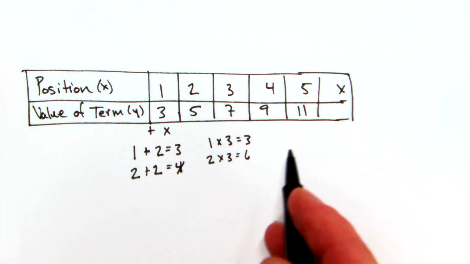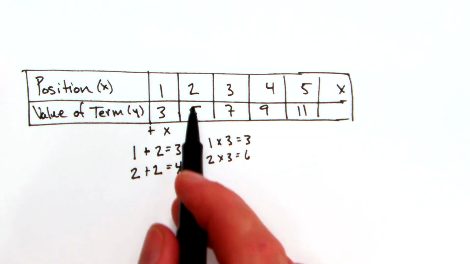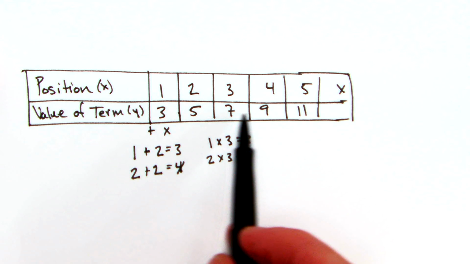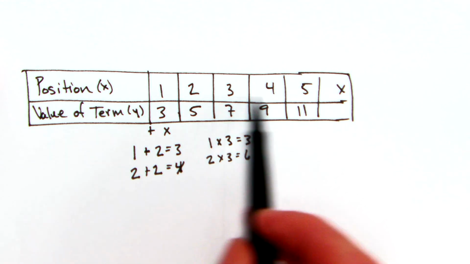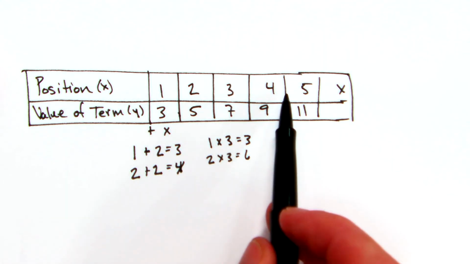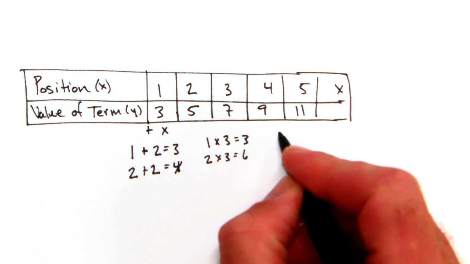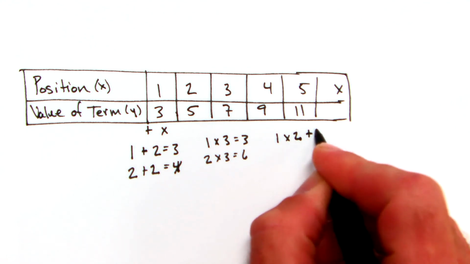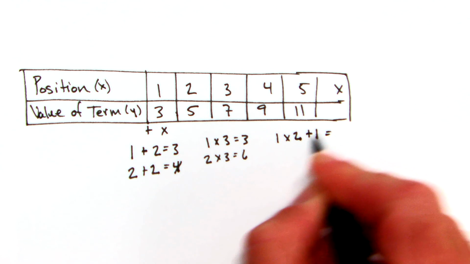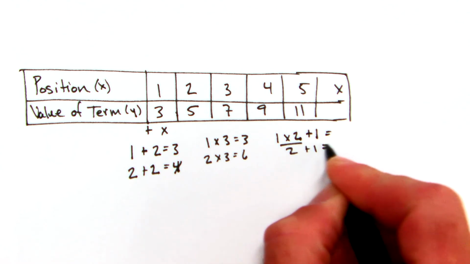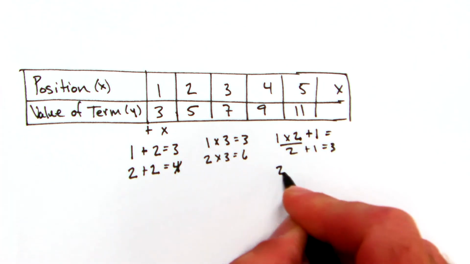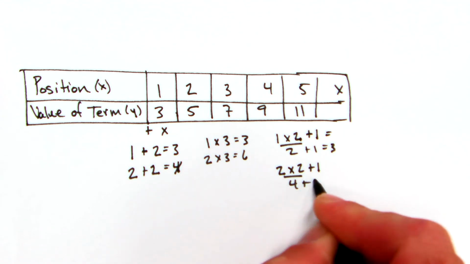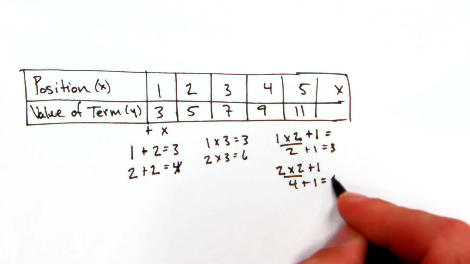Well, let's try, how else could I do this? Well, I notice that each one of these is one more than a double of my position number. So let's try times 2. 1 times 2 plus 1, well, that's a 2, plus 1 is 3. 2 times 2 plus 1, 4 plus 1 gets me a 5.